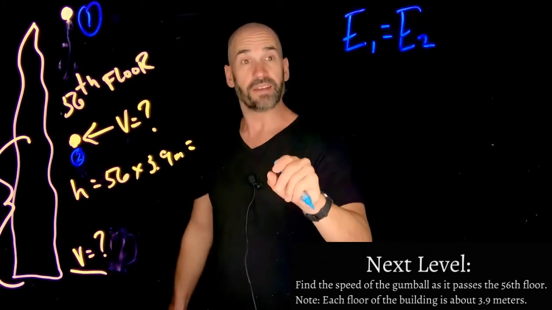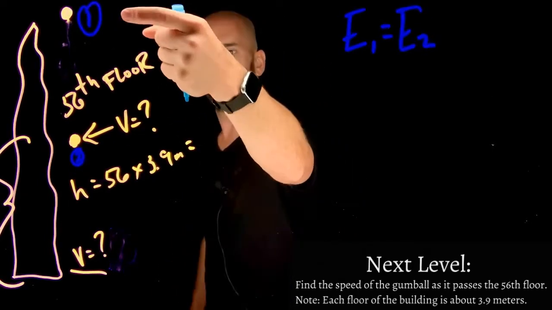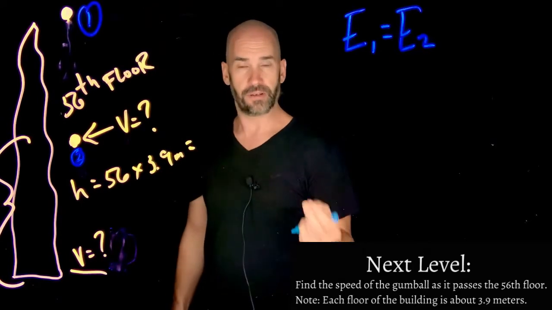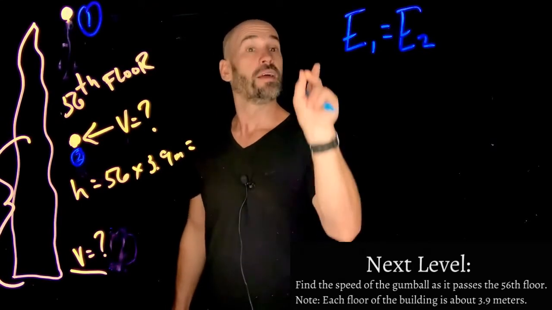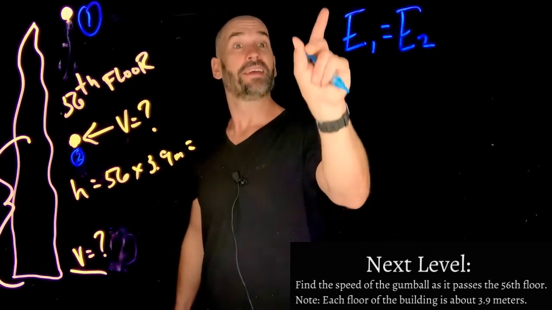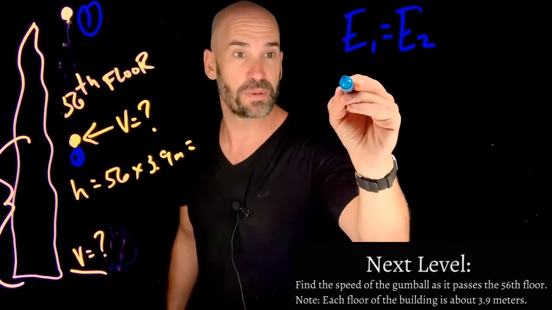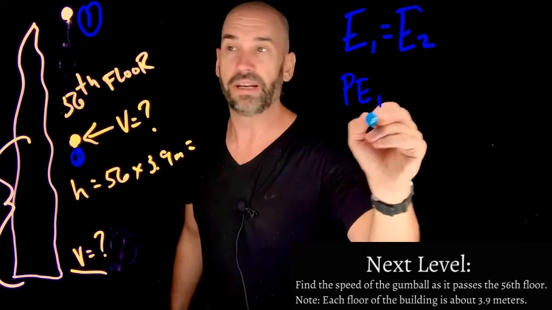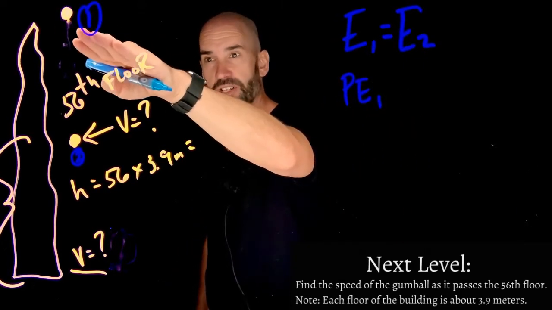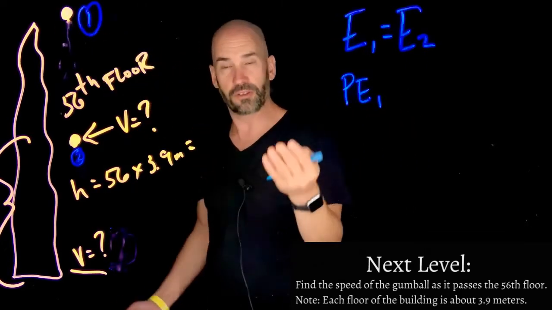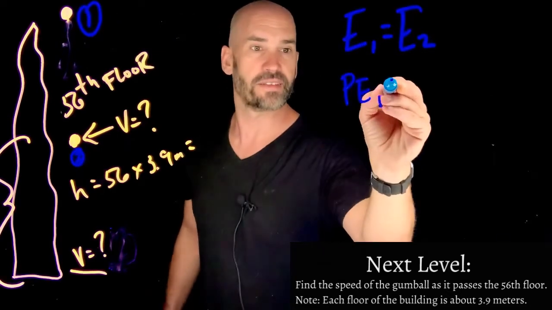Step 2 is, what kind of energy do I have here, and what kind of energy do I have here? Okay, well, my energy here at the top, that doesn't change either. That's just potential energy. So potential energy 1. He, again, doesn't have any kinetic energy up there because there's no motion, right? There's no speed, okay? So that stays the same.